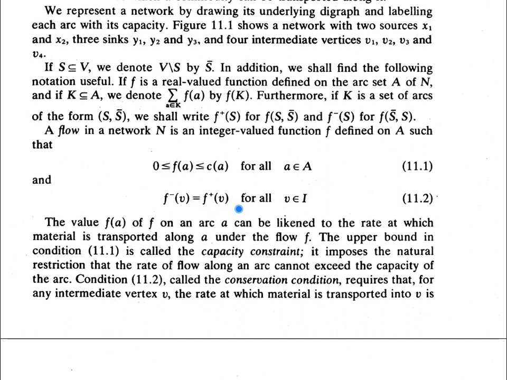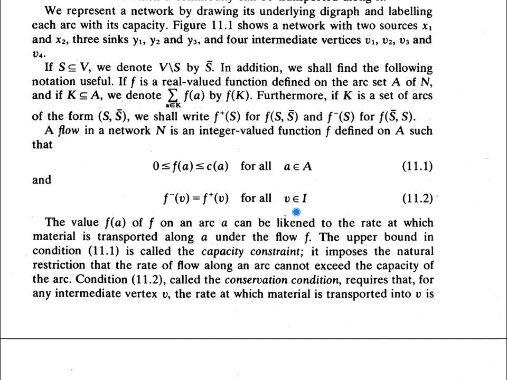Okay, and what you have are the intermediate vertices. You have sources, sinks, okay, sources which can have f plus.